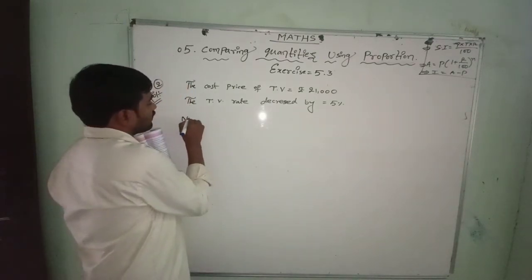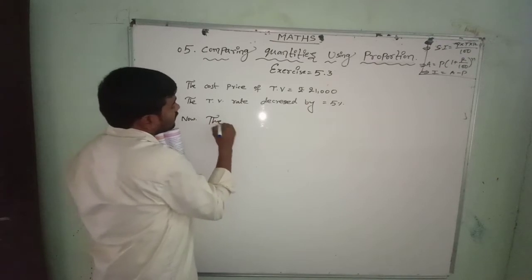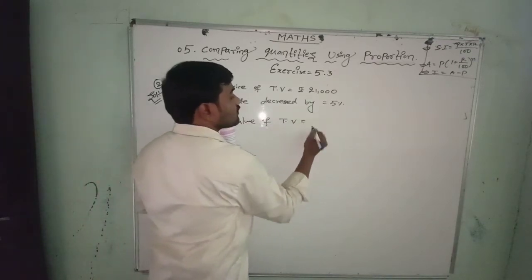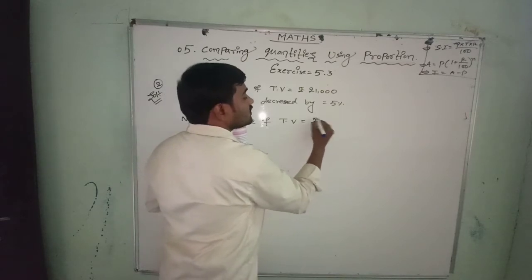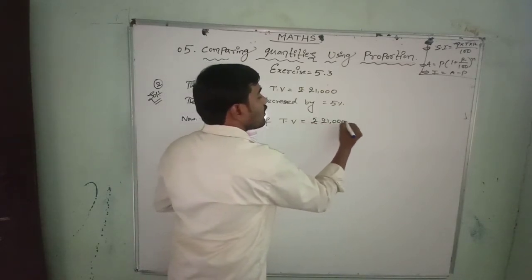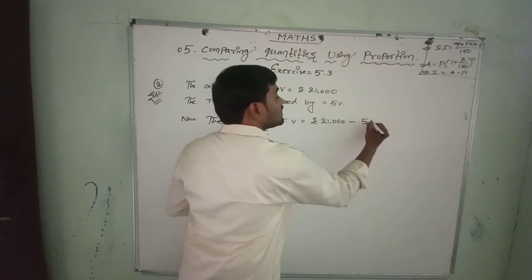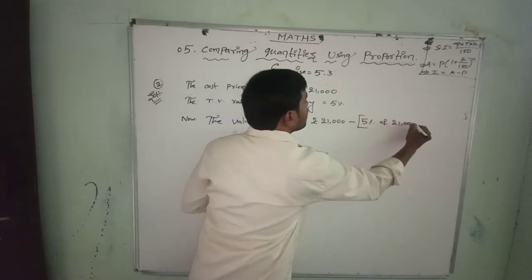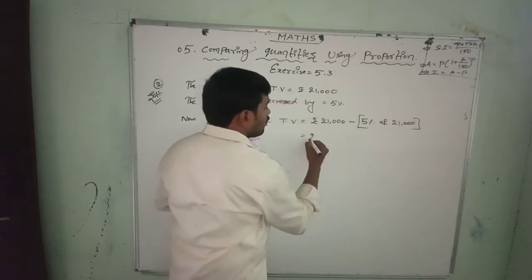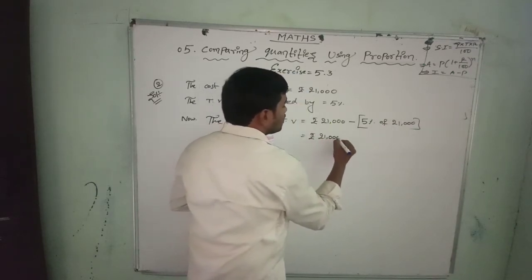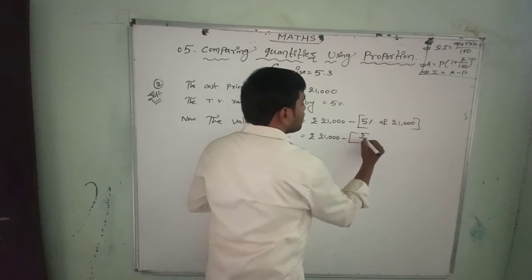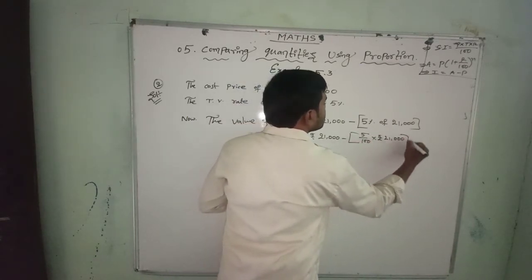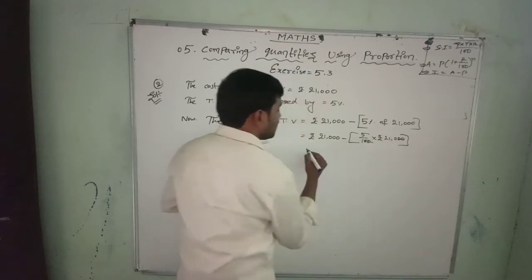Now the value of the TV is equal to rupees 21,000 minus 5% is decreased. 5% of 21,000. So rupees 21,000 minus 5 by 100 into rupees 21,000. 2 zeros and 2 zeros get cancelled.